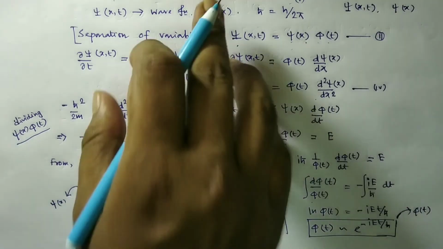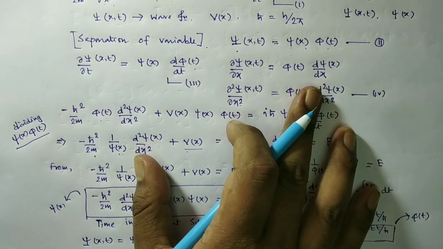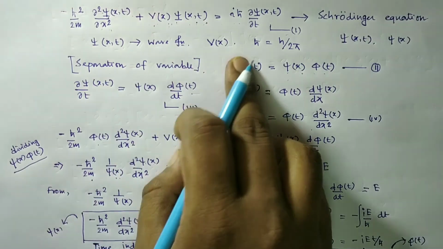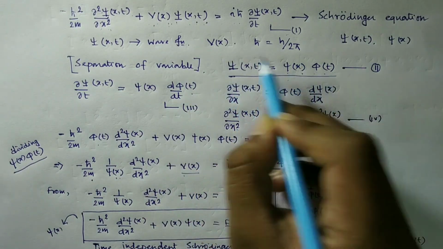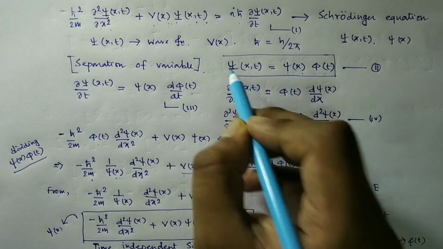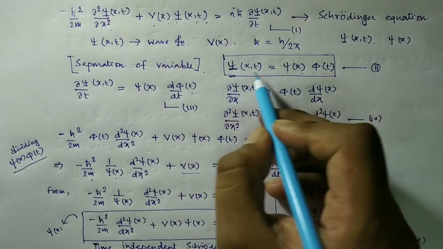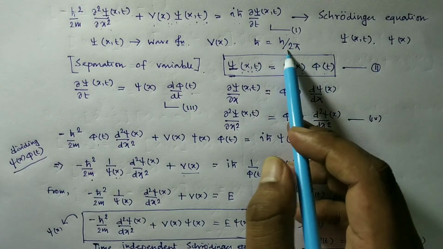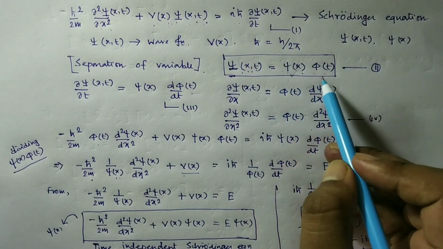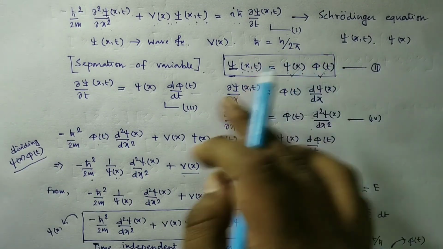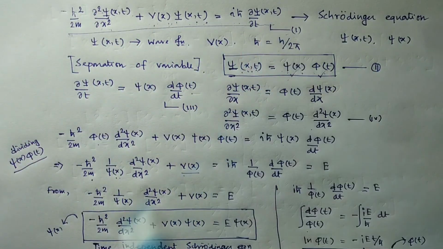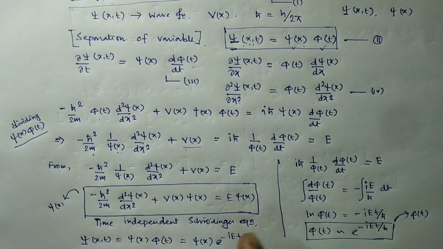Look here, the Schrodinger equation, which was a partial differential equation, by adopting the separation of variables technique, assuming ψ as a function of both position and time, we convert this partial differential equation into two ordinary differential equations.